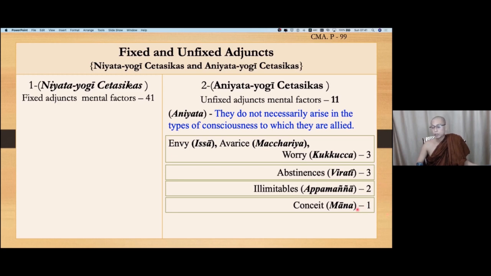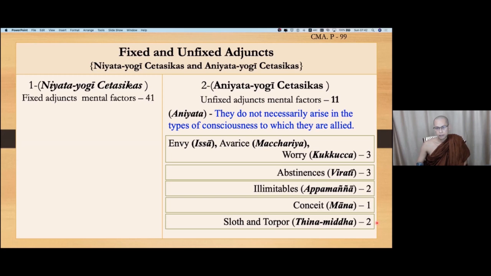Then conceit, mana. So maybe you may remember the conceit, mana arises with the four greed-rooted consciousness, which is not associated with wrong view, dissociated from wrong view. Then sloth and torpor, they also arise in the five prompted unwholesome consciousness.